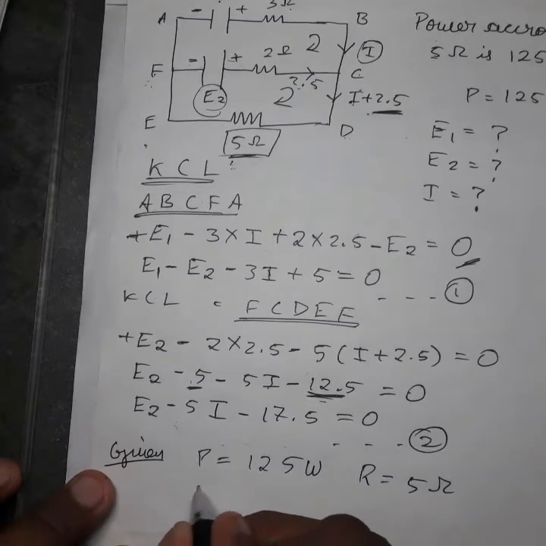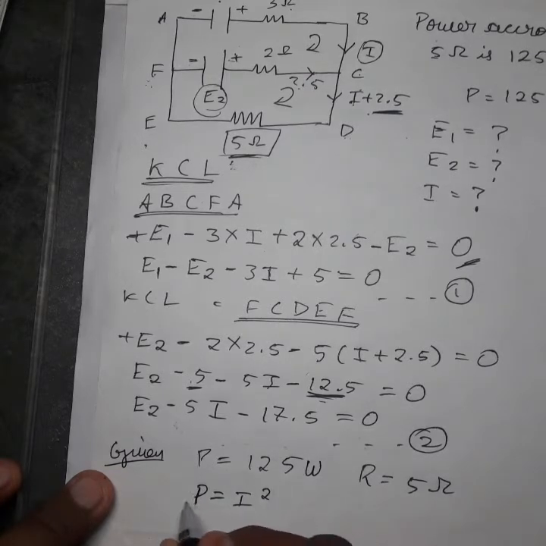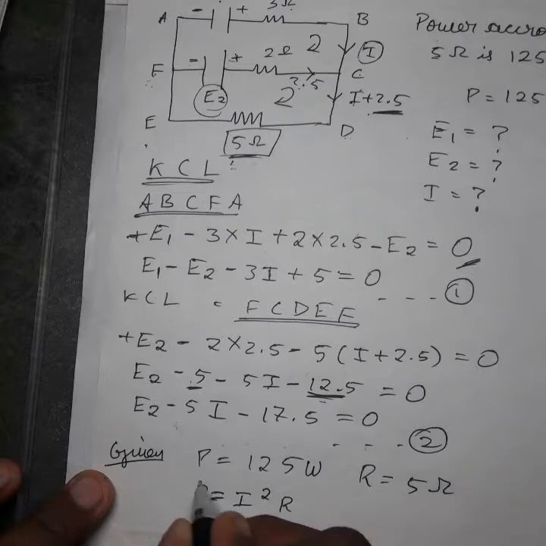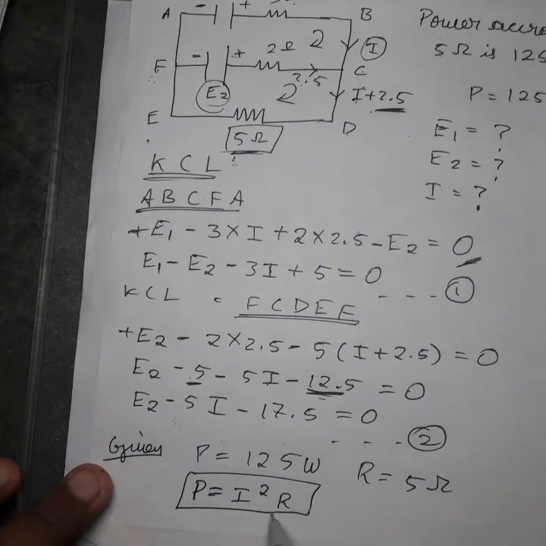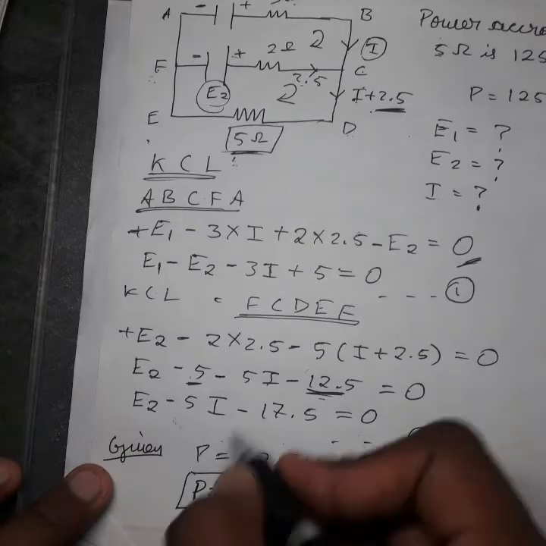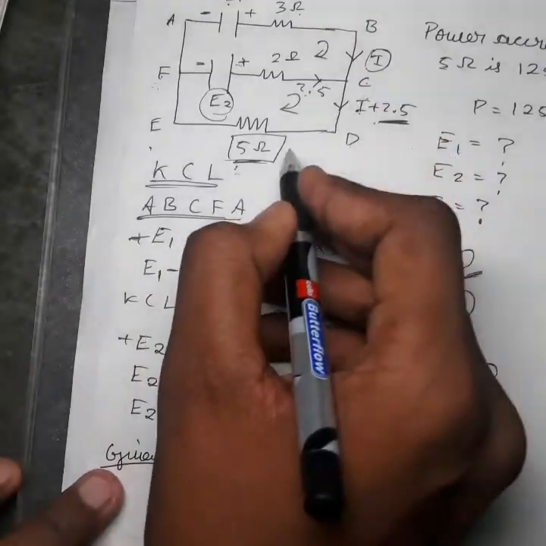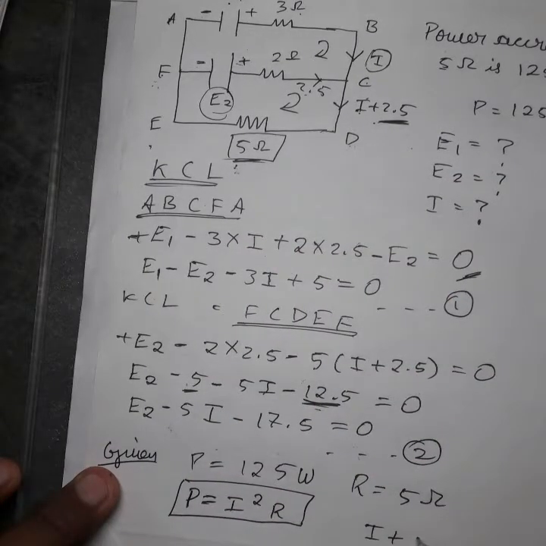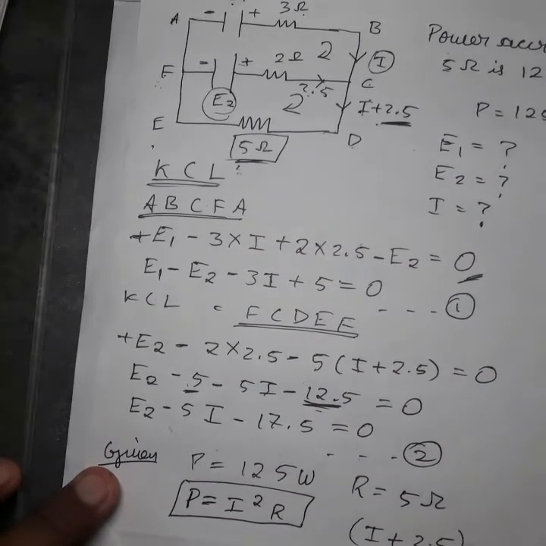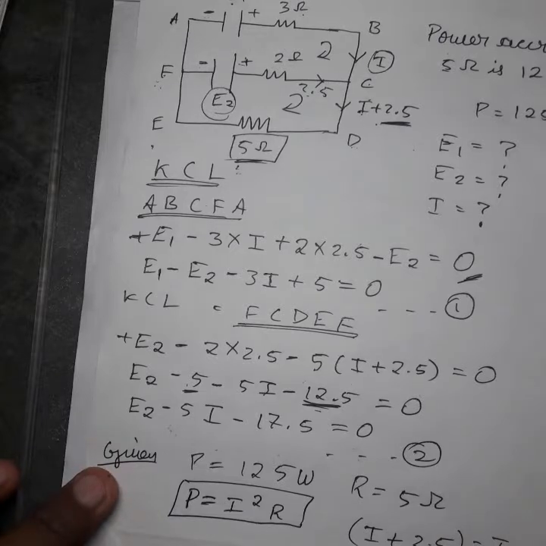So I am going to consider this power equation. P equals I squared into R, and I am going to substitute the R value I have here, and the current across the 5 ohms coil is I plus 2.5.